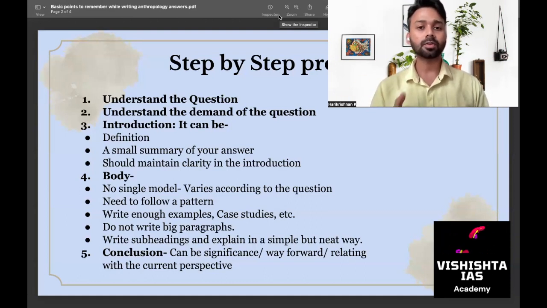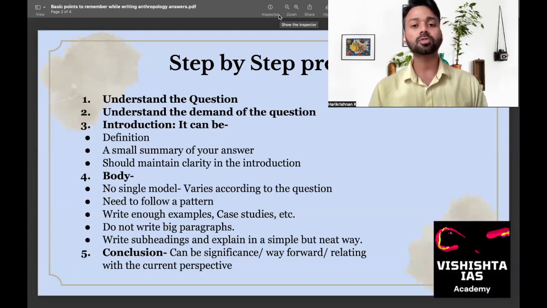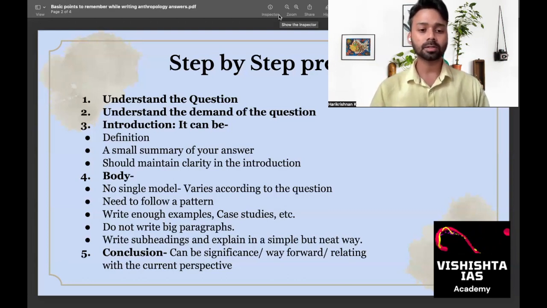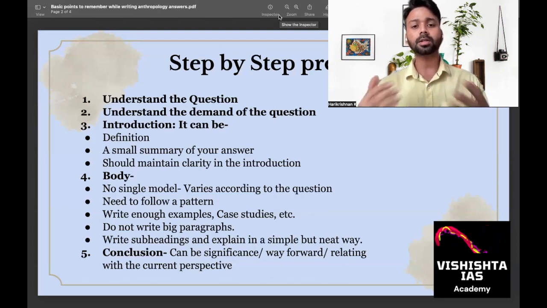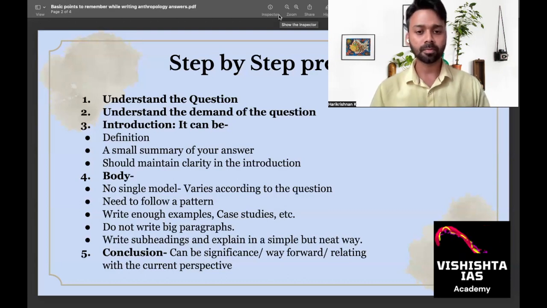If you are getting a question from physical anthropology, your importance should be on diagrams, maps, and writing more case studies. If you are getting a question from social anthropology, you will have to focus more on case studies, because you will have to give examples and case studies and write multiple dimensions. That should be the focus. So in the body, there is no single model. According to the demand of the question, it keeps varying.